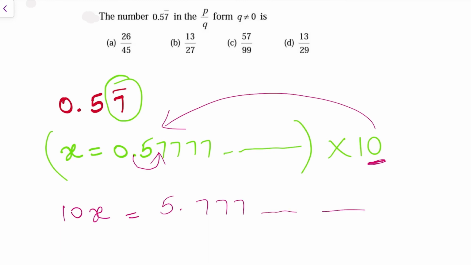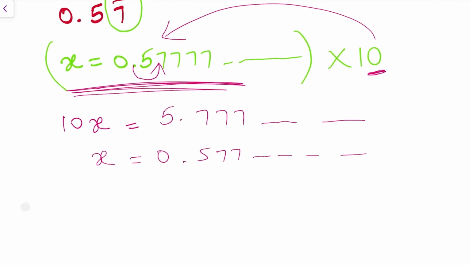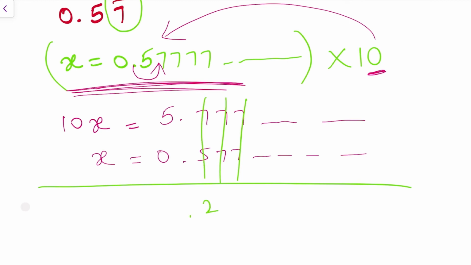This is the equation we got after some simplification. Now, whatever the given question is, write that as the first equation. That is x equals 0.5777 and so on. That is the exact equation before multiplying with 10. Let us do the subtraction. 7 minus 7 is 0, 7 minus 7 is 0, then 7 minus 5 is 2, dot, 5 minus 0 is 5. This equals 10x minus x, that is 9x.